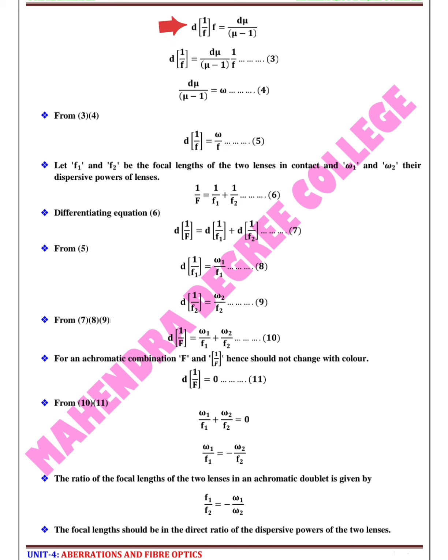To solve this, rewrite the division as multiplication. Dividing by a fraction is equivalent to multiplying by its reciprocal. The reciprocal of 1 by f is f by 1.